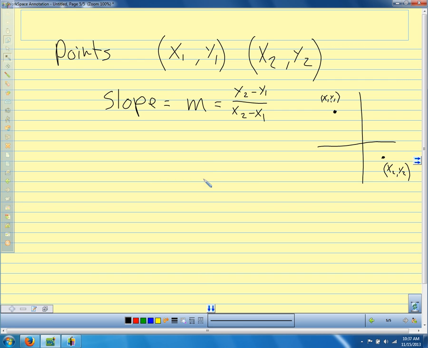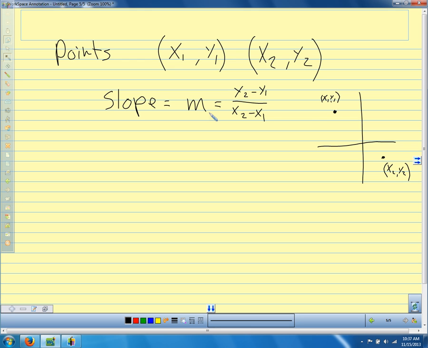So in your homework, there'll be some questions where they ask you to find the slope between 2 points, or they might give you 2 points like this and ask you to find the equation. So I can find the slope of the line using this formula, and either of these points can be x1, y1 in my point-slope form. So I could use either of these 2 points in point-slope form once we have the slope. All right, so questions?